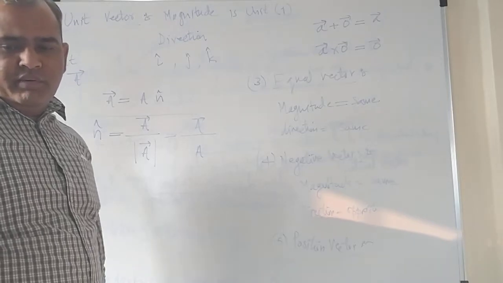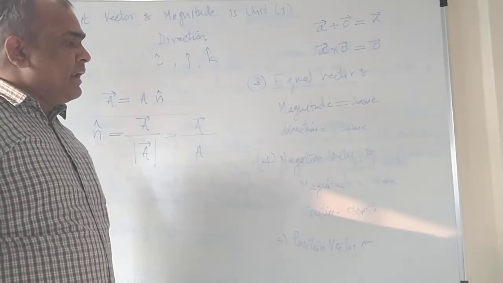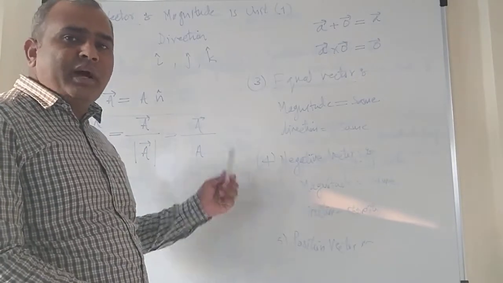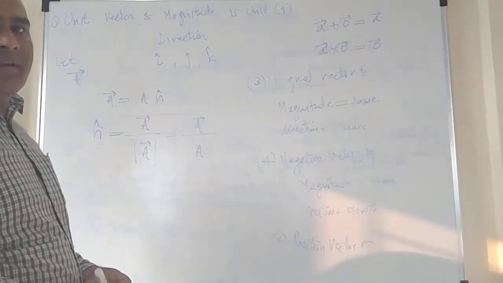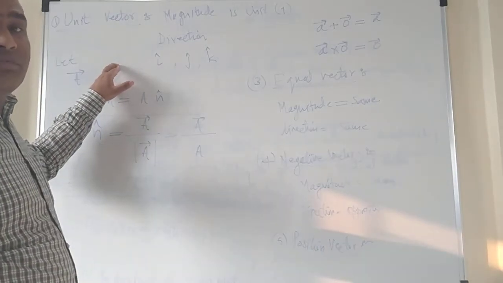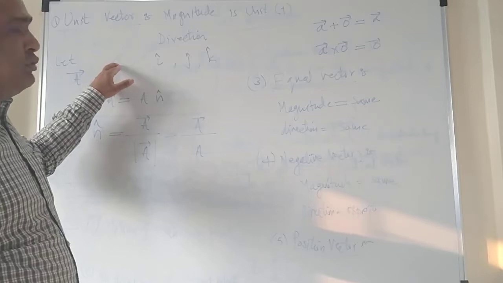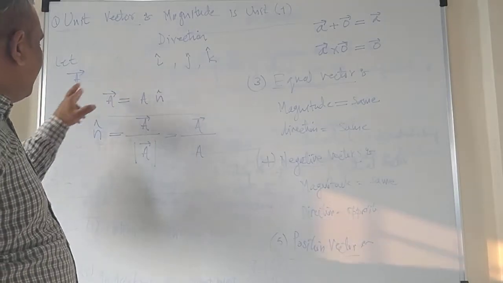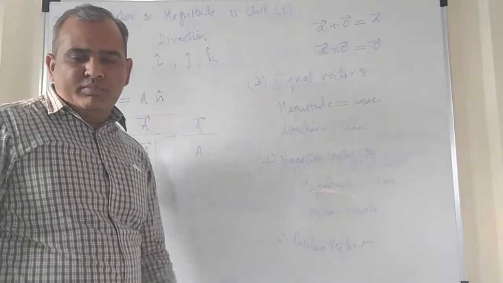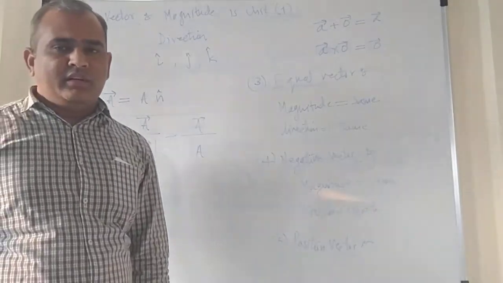So position vector OP bar is used to specify the position of a point with reference to another point. Clear? So this vector a bar is used to specify the position of a point P with respect to point O. So this is called a position vector. Hope you understood the definition of the position vector also.